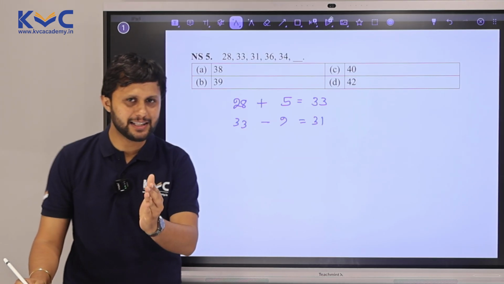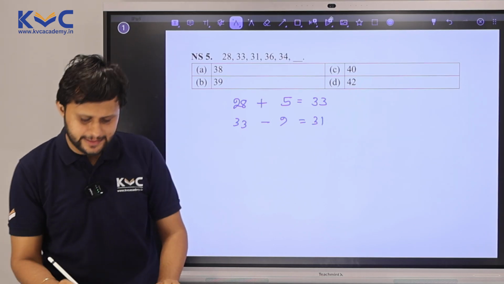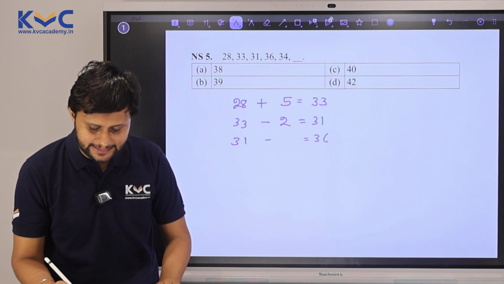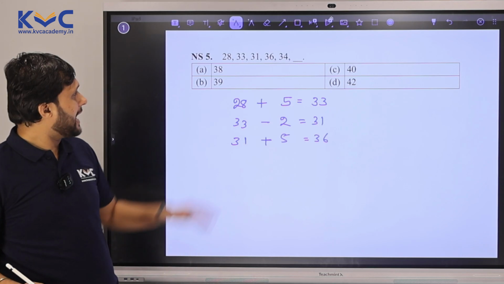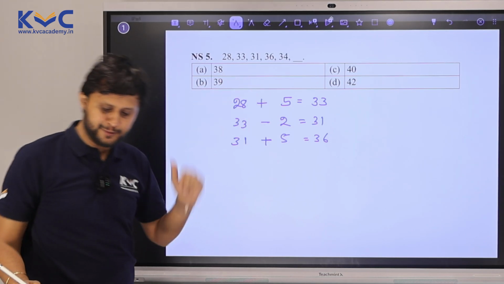So we have addition, then we have subtraction. But from 31, the next number we should get is 36. What should we do? Again we have plus 5. So we add plus 5, then we have minus 2, then we have plus 5 again.